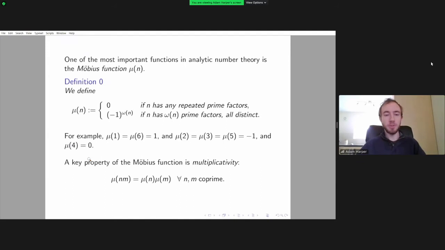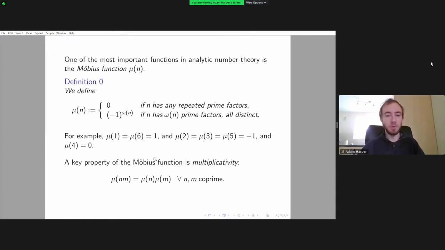So to motivate this, I want to talk about the Möbius function a bit, which is something that many people will be familiar with, but maybe not everybody so much. So what is the Möbius function? It's a function defined on natural numbers. And you define it to be 0 if the natural number has any repeated prime factors. And if n doesn't have any repeated prime factors, then it's just 1 or minus 1, depending on the parity of the number of prime factors of that.